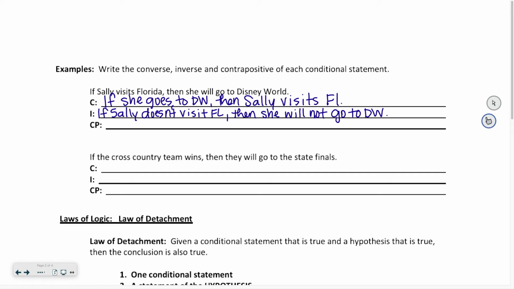All right, what do I do for contrapositive? Put negative and you swap them.